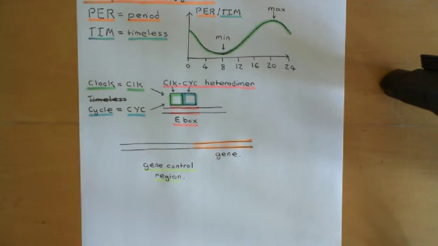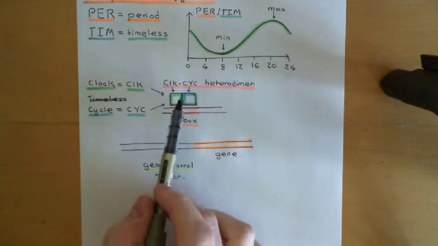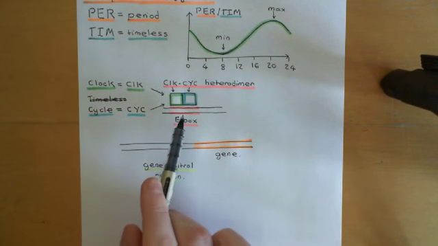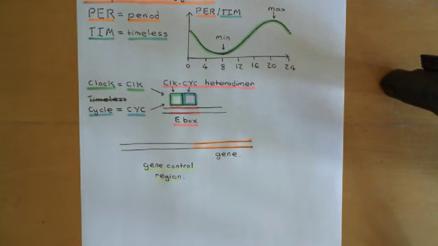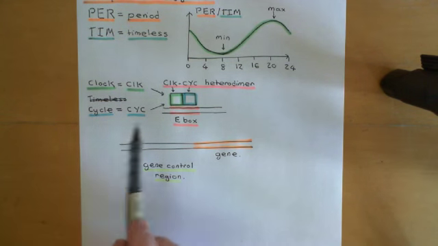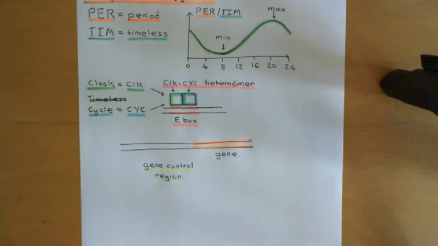Basically, the special sequence for a transcription factor, such as the E-box in the case of the Clock-Cycle heterodimers, will be found in the gene control region of a bunch of genes. For instance, the E-box will be found in the gene control region of maybe up to 100 or beyond genes in the Drosophila genome.